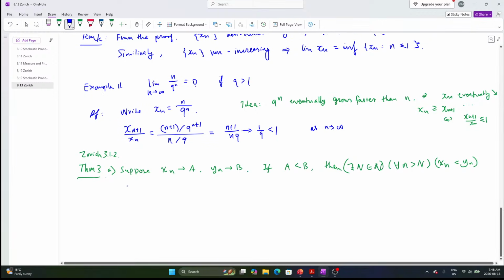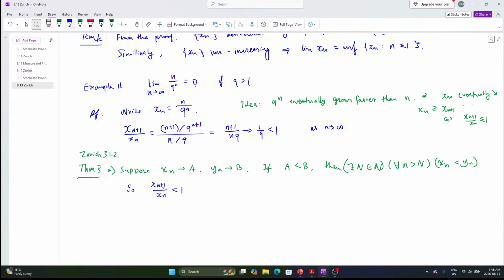So we can say x_{n+1} over x_n is less than 1 eventually, i.e., there exists a big N in the natural numbers such that for all little n greater than big N, x_{n+1} over x_n is less than 1.